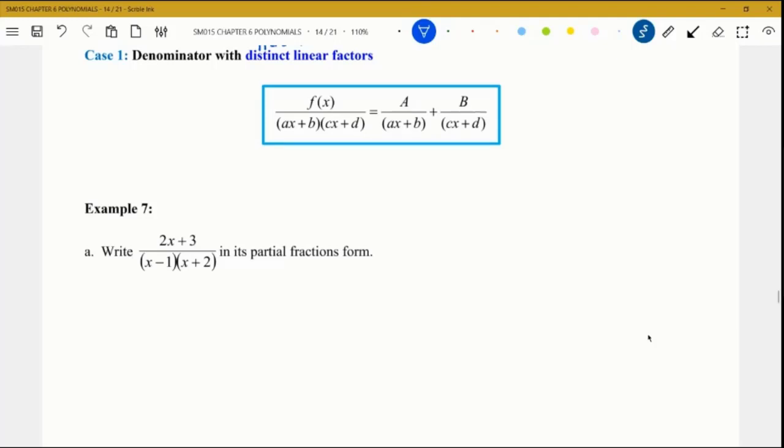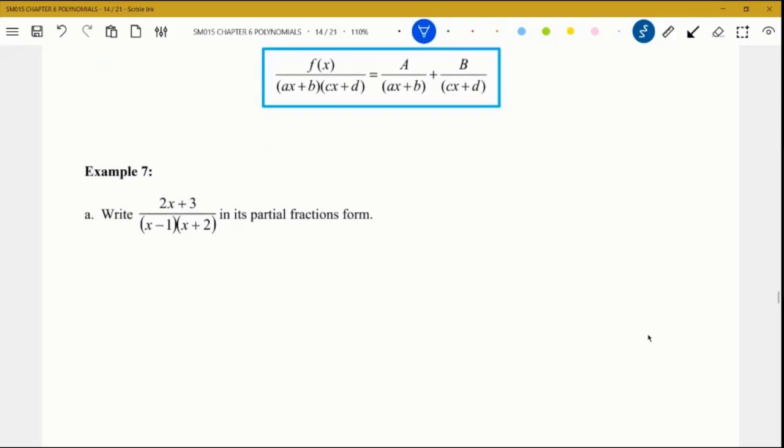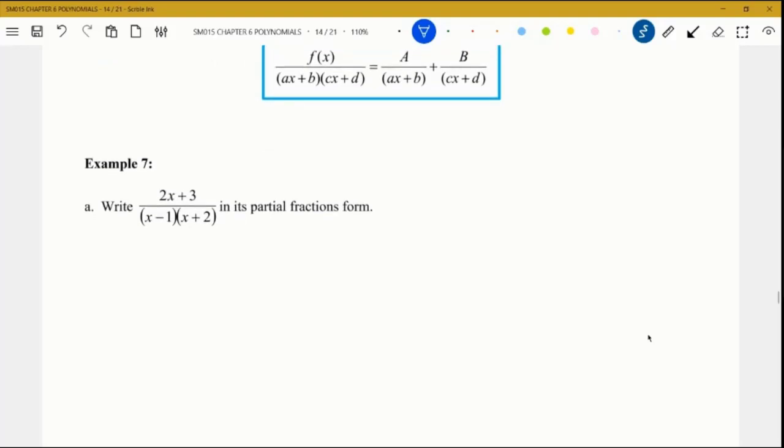So this one is the linear factors yang berbeza. So we can have it by come up with A over first linear, B over second linear. So 2x plus 3 over x minus 1, x plus 2. So kita akan wujudkan A over the first linear adalah x minus 1 and then B over x plus 2.